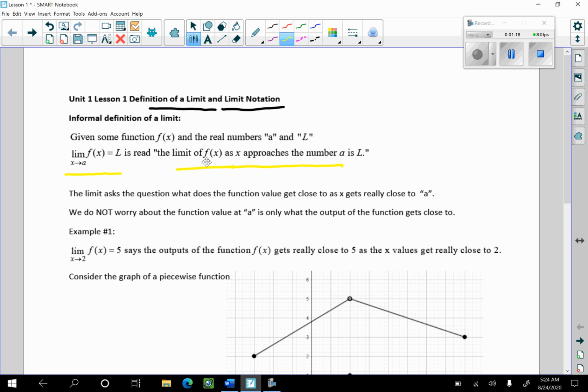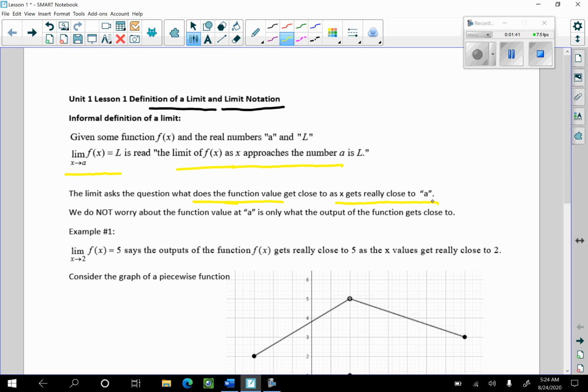So what in the world does that mean? Well, let's investigate that. The limit asks the question, what do the function values get close to as x gets really close to a number a?